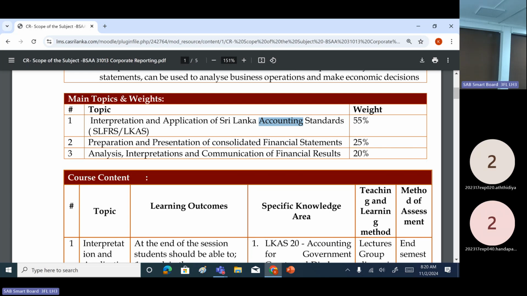Under that, we are calculating financial ratios and different techniques of analysis, like trend analysis, common size financial statement analysis, ratio analysis, and correlation analysis. Different analytics will be used under this.